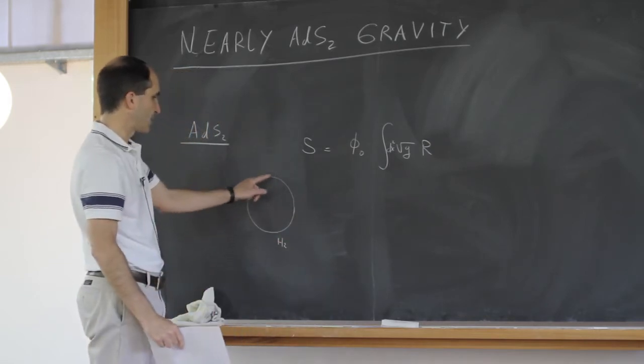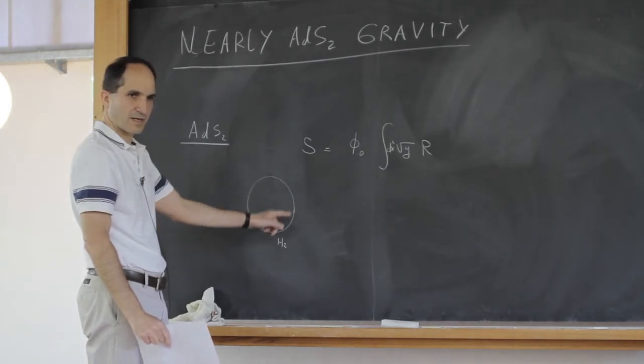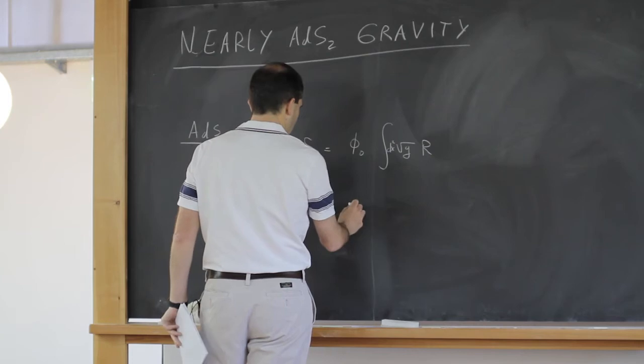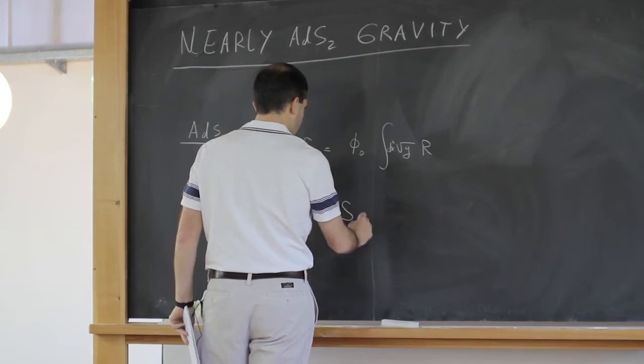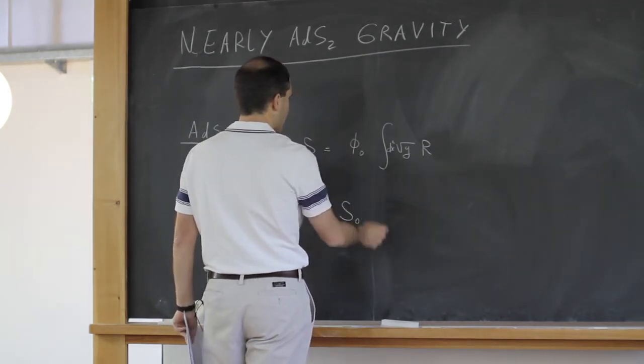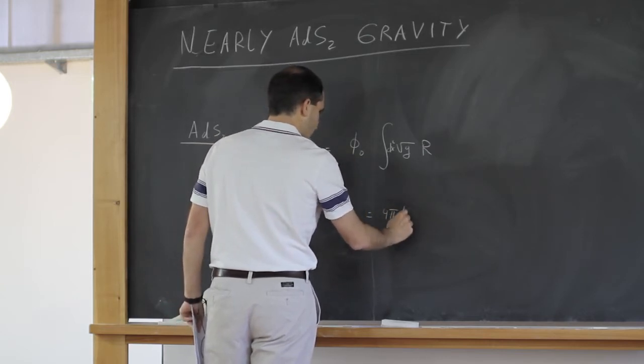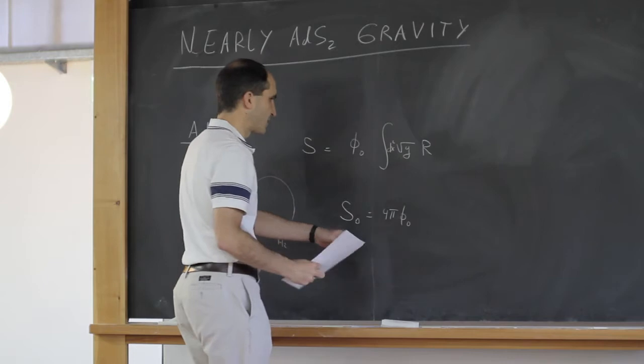This has a periodic Euclidean time direction. You view the angular direction as time. You can view that as a Euclidean black hole, and you can calculate the entropy, S0, the extremal entropy, which is essentially 4 pi phi naught.